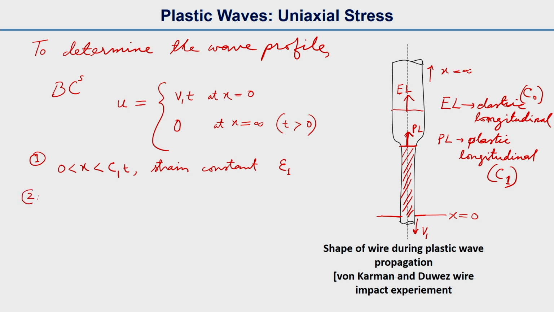Similarly, in region number 2, this region, x is greater than C1t and smaller than C0t. In this region x by t will be equal to the square root of d sigma by d epsilon divided by rho naught; we have an expression like this.